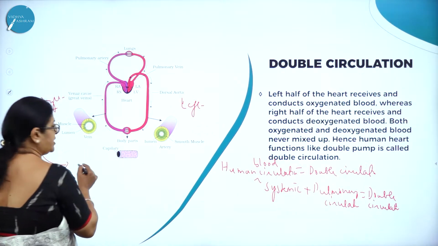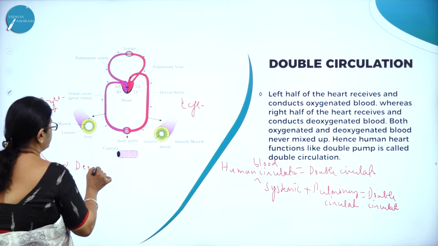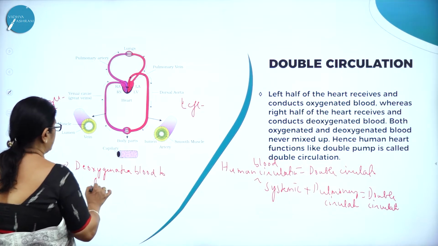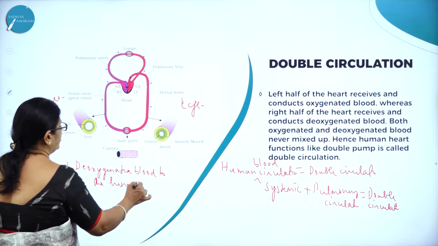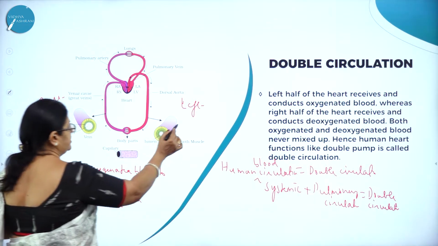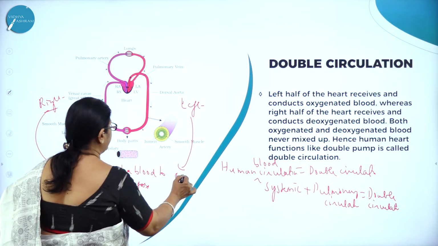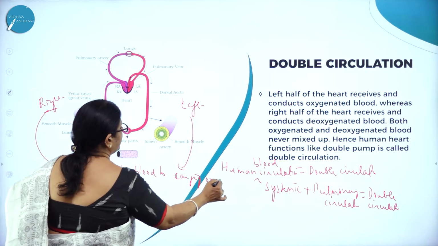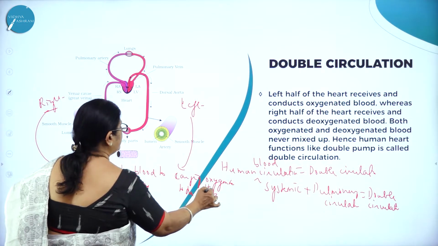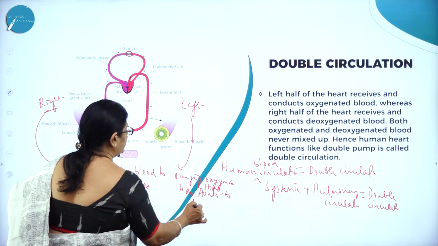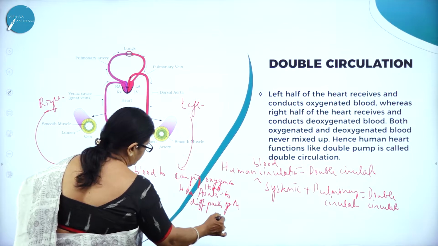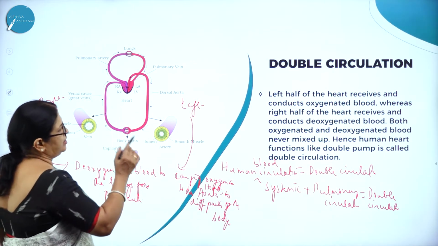The right side of the heart is involved in carrying deoxygenated blood to the lungs for purification, whereas the left side of the heart is involved in carrying oxygenated blood from the heart to the aorta and on to different parts of the body. So here, double circulation.